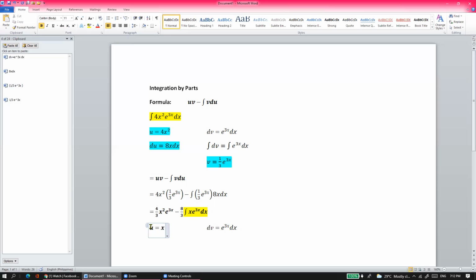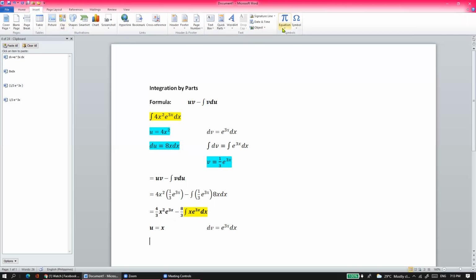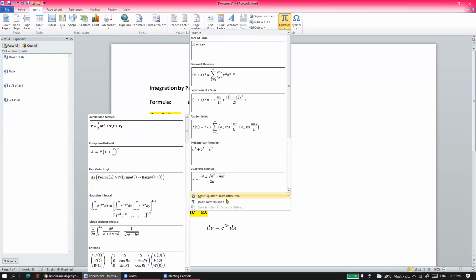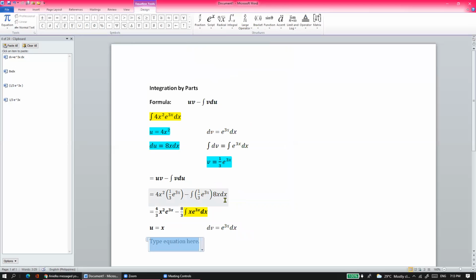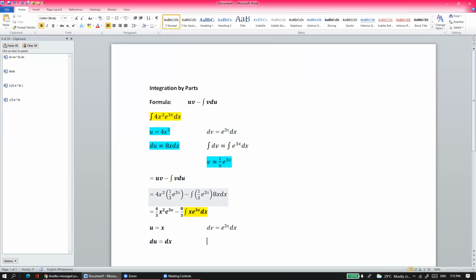Okay. So, yung u is equal to x, kapag kinuha na natin ang derivative yan, since given na yon, alam naman natin yan, du is equal to dx. Yan. And then, ano ba yung gagawin natin dito? Again, we do the same thing. We have to integrate it.